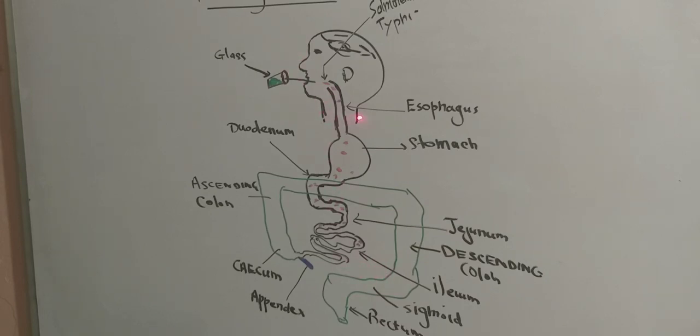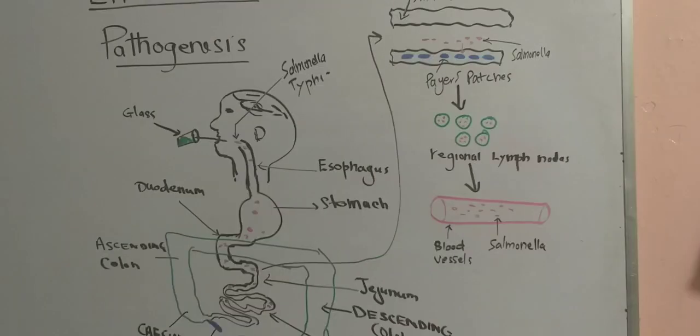So the first thing is that once we ingest either contaminated water or contaminated food containing these Salmonella typhi, they ultimately reach the small intestine of the patient. From the small intestine, these microorganisms, Salmonella typhi and Salmonella paratyphi, especially Salmonella typhi, because in the majority of cases these are the incriminated ones, continue their journey.